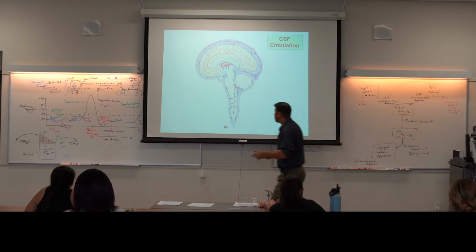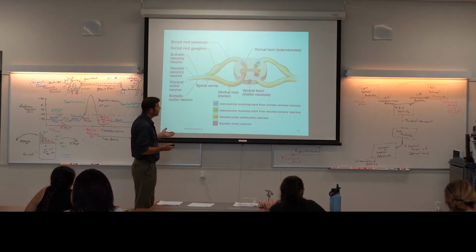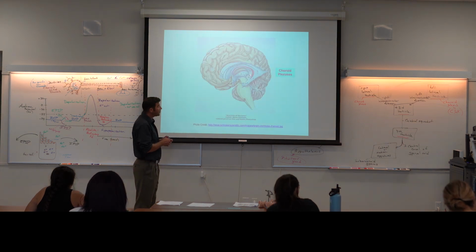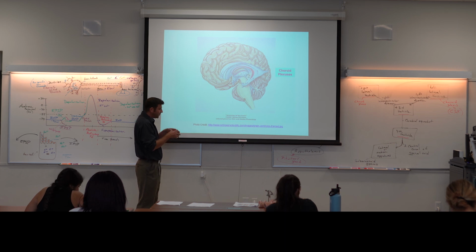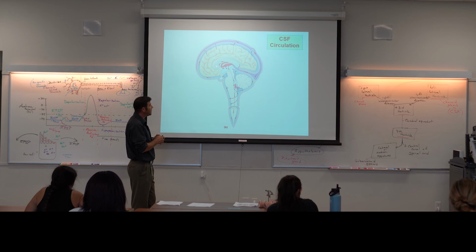If I can just jump to this picture real quick. The red areas represent a choroid plexus. I'll use this picture, I guess, because this just shows where that cerebral spinal fluid begins. It's basically originating right here on the choroid plexus. It's leaking out of the choroid plexus, and it's starting to fill up these ventricles.